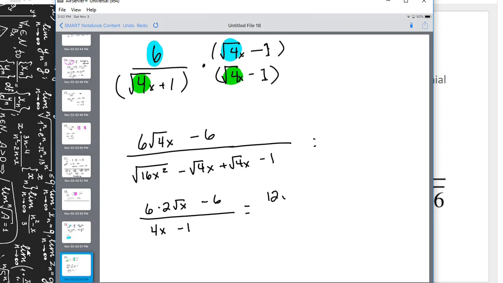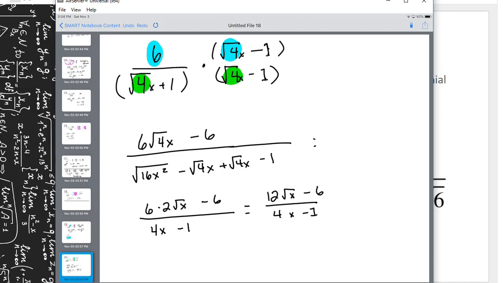And then that's going to be 12 root x minus 6 over 4x minus 1. And as you see, we got rid of that radical sign, that root in the denominator, and simplified. And we've just simplified everything as far as we could, I believe. Yes. Okay.